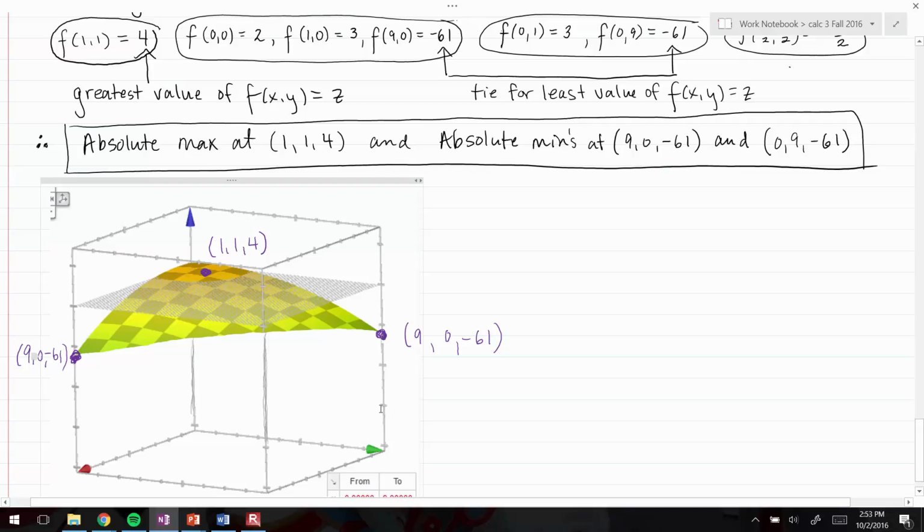We checked all those things, and we found that there's a tie for the absolute minimum at these boundary points shown, and that the absolute maximum happened at the critical point on the surface, within the region.